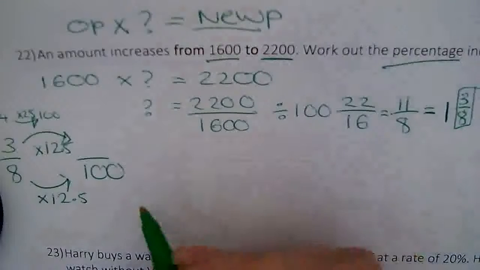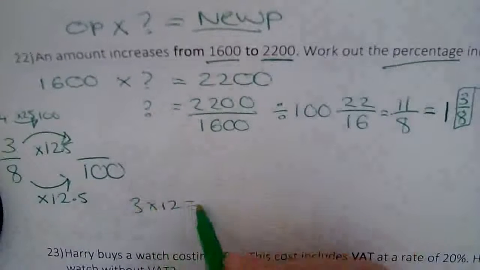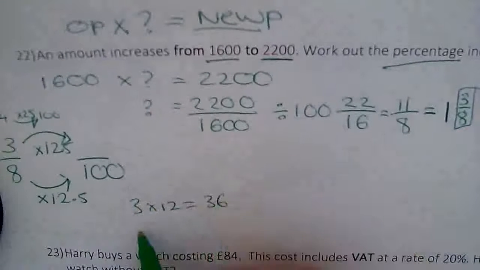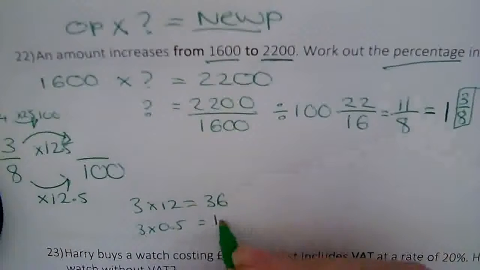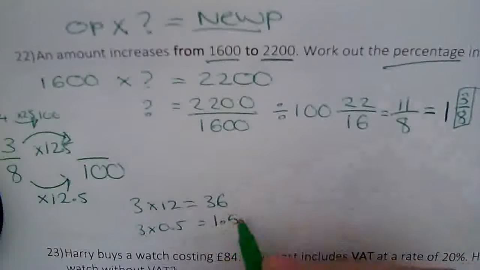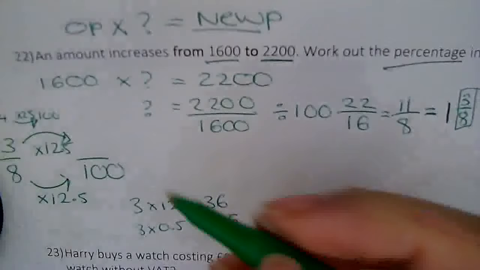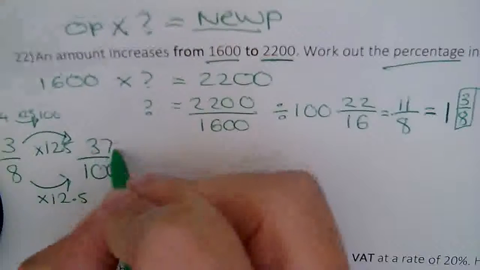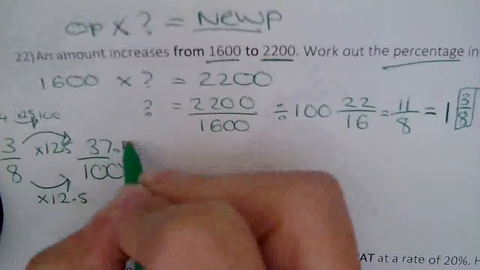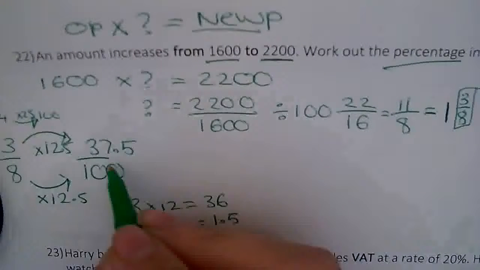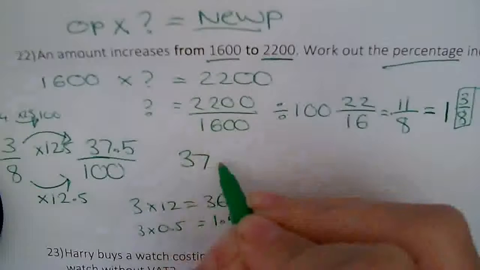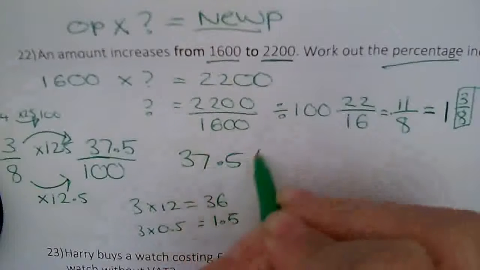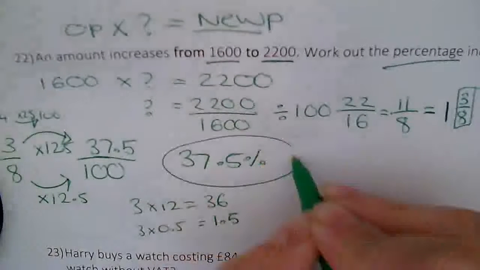So 3 lots of 12 is 36, and 3 lots of 0.5 is 1.5, and that's going to give us 37.5. So if the decimal was 37.5, it's showing it's a 37.5% increase. So that would be your increase answer.